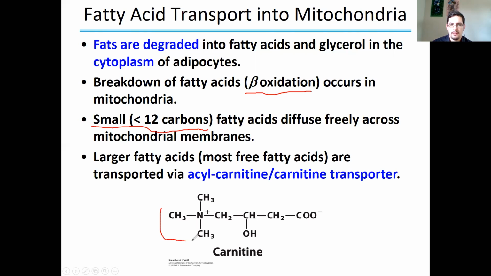So this is our carnitine molecule right here. And we're going to temporarily attach our fatty acid to carnitine. It's going to be attached to this hydroxyl group right here. And that's going to allow us to then transport the fatty acid into our mitochondria. So we temporarily attach here and then transport that using a specific membrane transporter into the mitochondria.